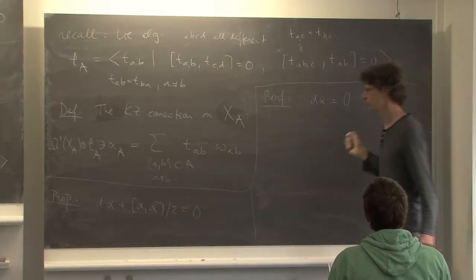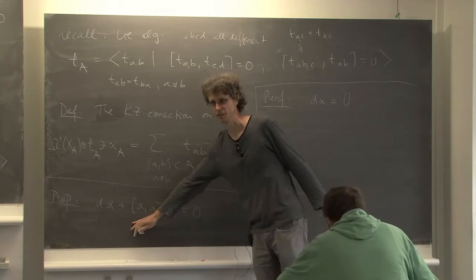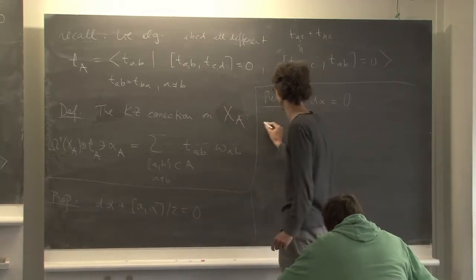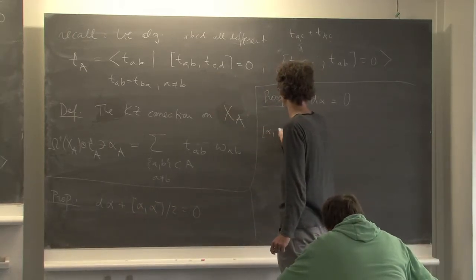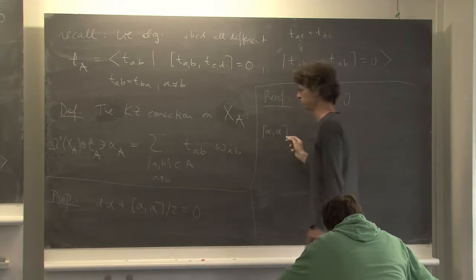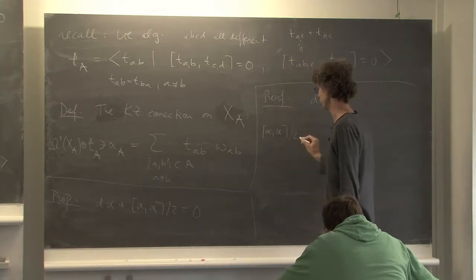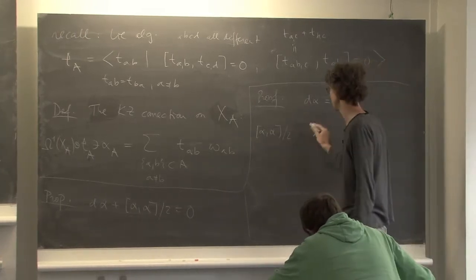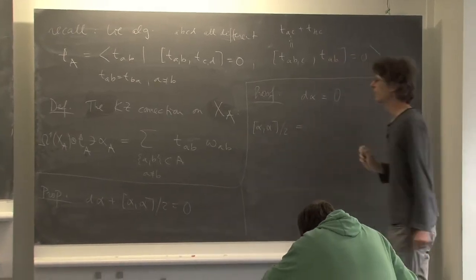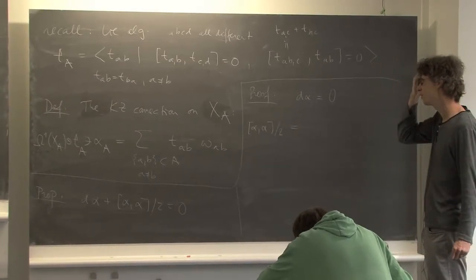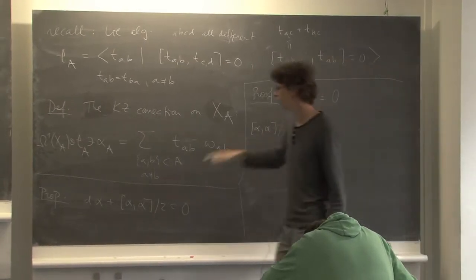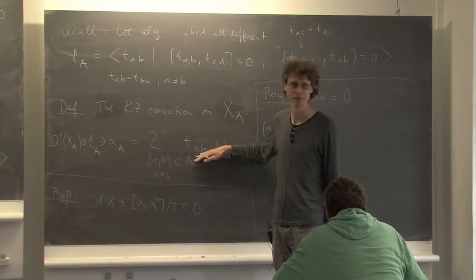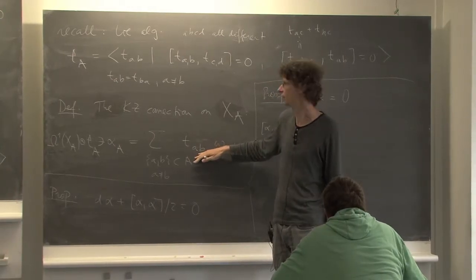Okay, so that guy is 0, so we need to prove that this thing is 0. Let's compute it. Alpha, probably divided by 2, I think it gives a better formula, but it shouldn't matter in the end if it's going to be 0 anyway. You see, we take two of these alphas and take their commutator.